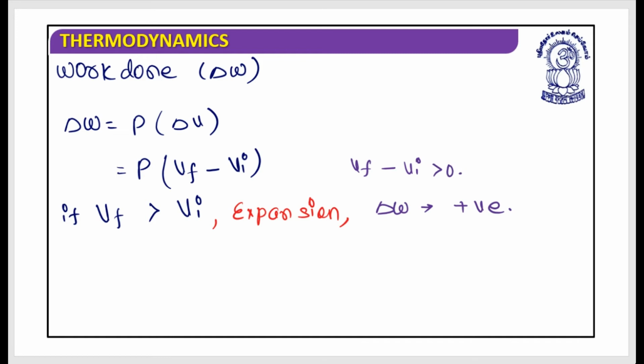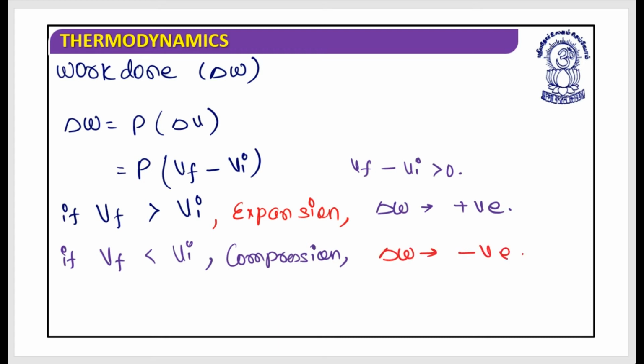because Vf minus Vi is greater than 0. But if the reverse is the situation, if Vf is less than Vi, that means the final state has lesser volume compared to the initial state, then it is the compression process, and in this situation delta W is negative.